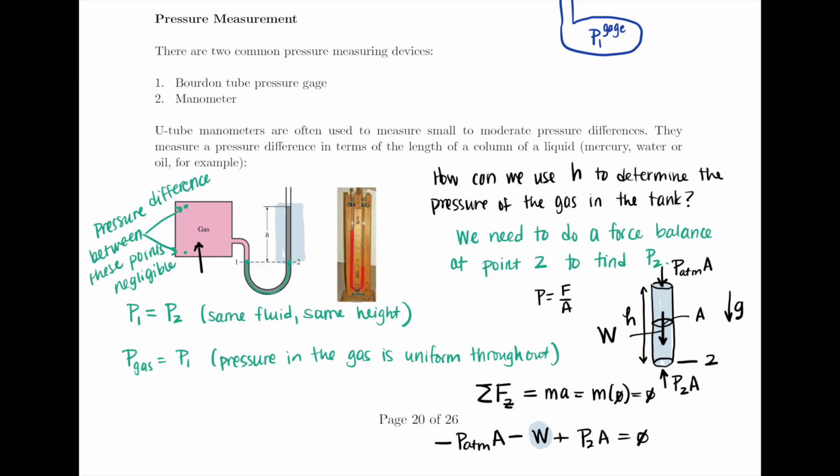Another way to say this is that between the top of the tank and the bottom of the tank, the pressure difference is negligible because the density of the gas is just not high enough for this to be a big difference. Technically there would be, but we're going to assume that it's not. Does that make sense?